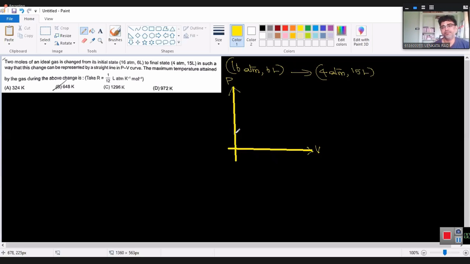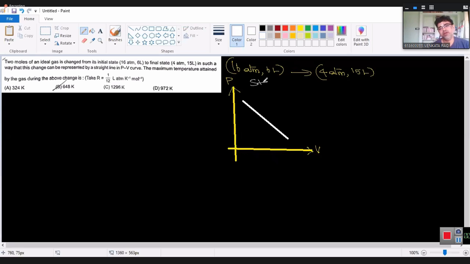So I represent it with a straight line. Suppose it is a straight line like this. You are getting a straight line in PV graph. It implies the temperature during the process is not constant.